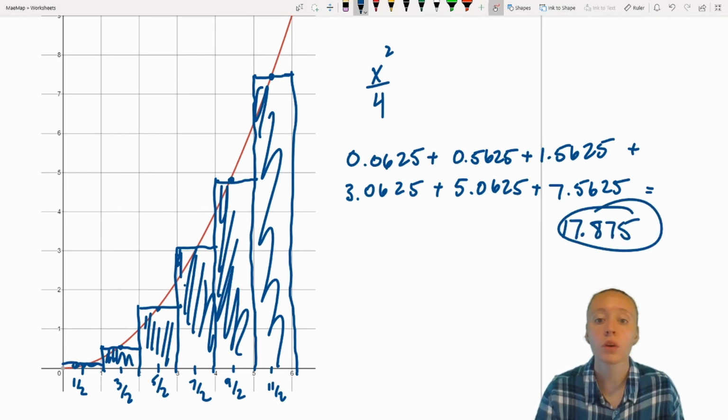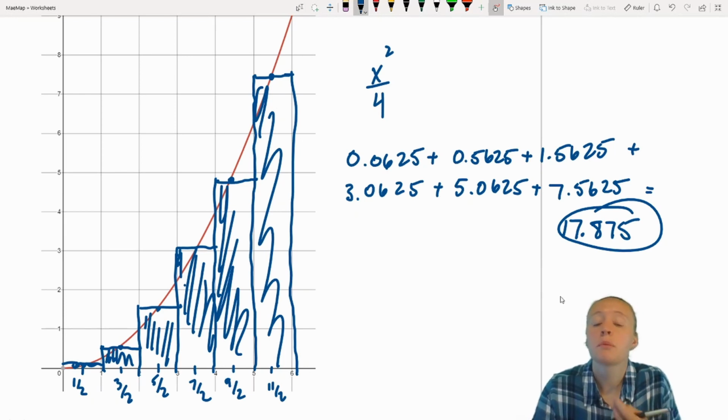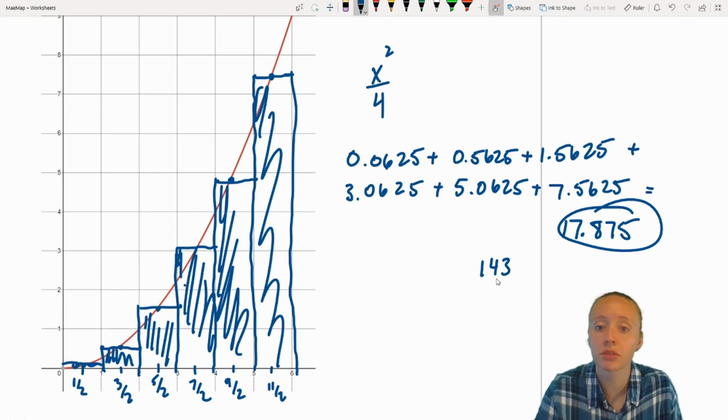Summing all of those together, that's going to be equal to 17.875. Or if you calculated this using fractions, because each of these is a half, when I square it, I'm going to get 4 in my denominator, and 4 times 4 is going to be 16. So each of them will have a common denominator, and that's eventually going to simplify down into 143/8.